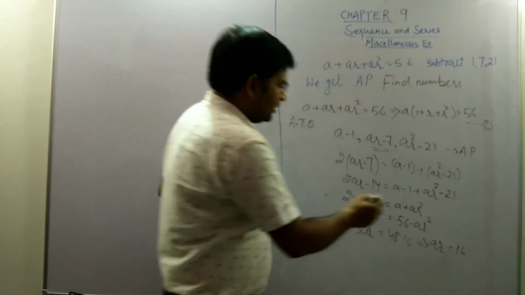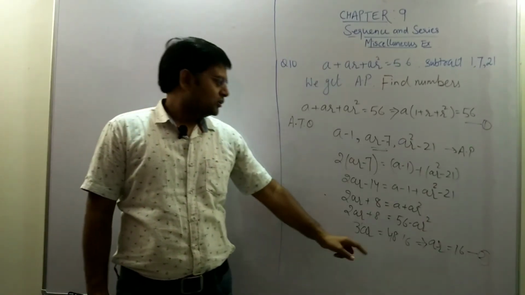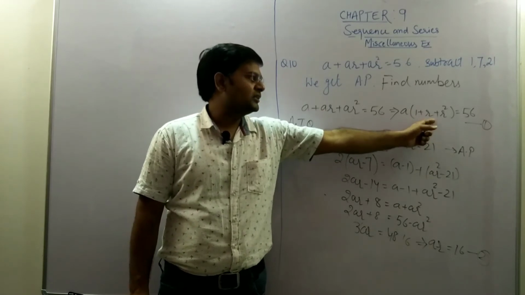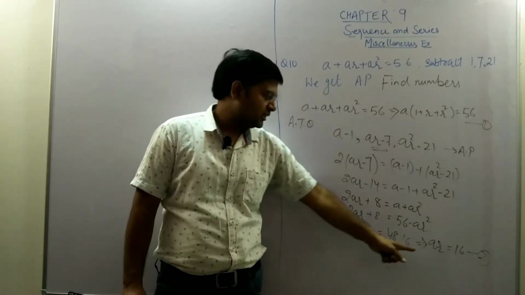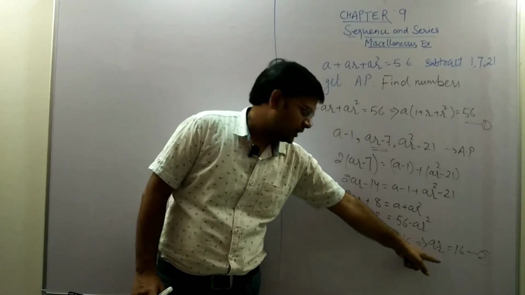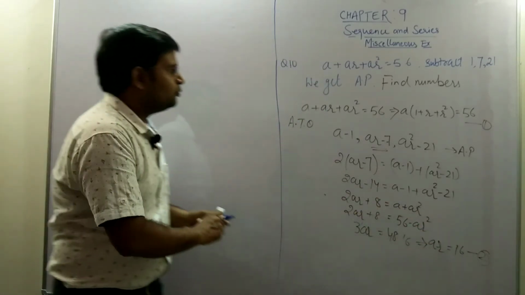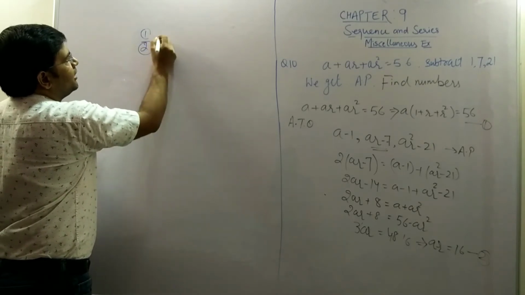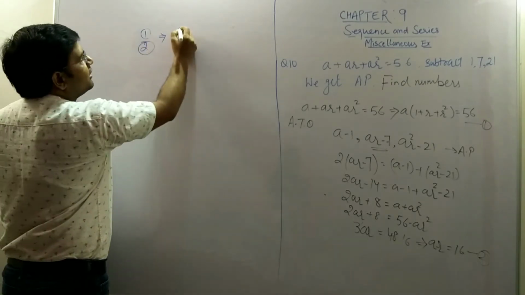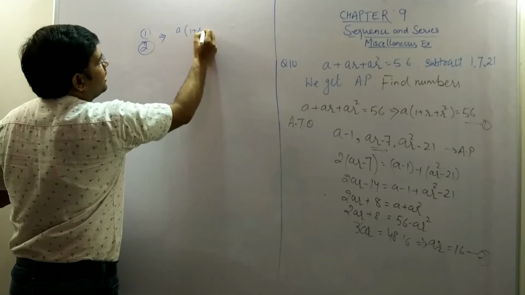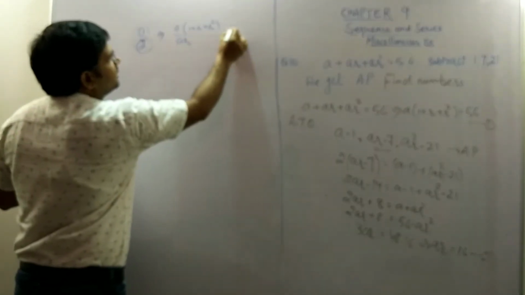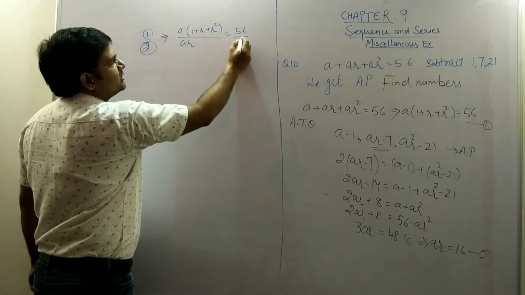Now we mark this. See, this equation number 1 is a(1 + r + r^2) = 56, and the second equation is ar = 16. So we are going to divide 1 by 2. If you divide equation number 1 by equation 2, what do you get? a(1 + r + r^2) upon ar, this is 56 upon 16.